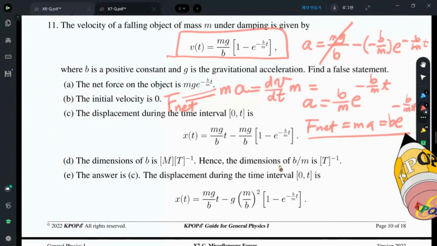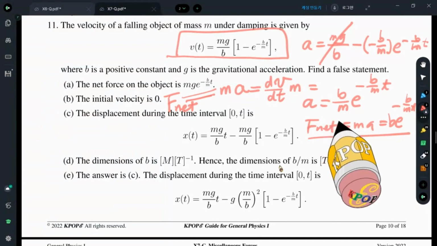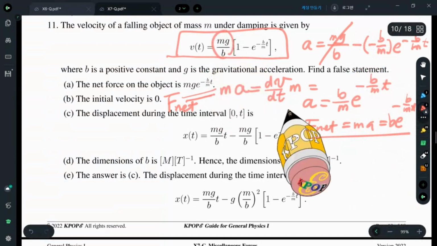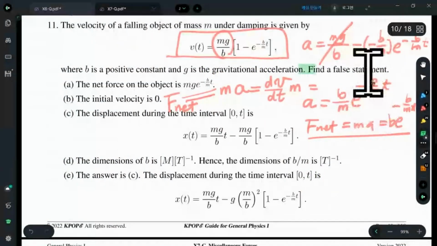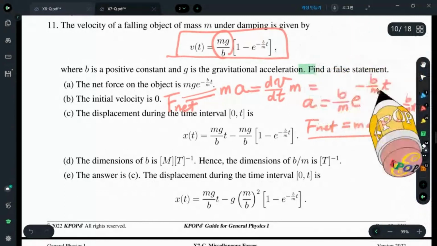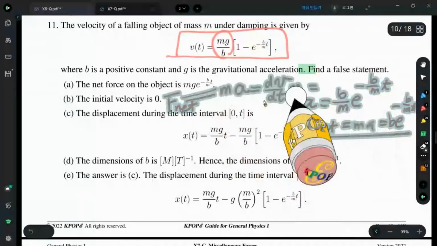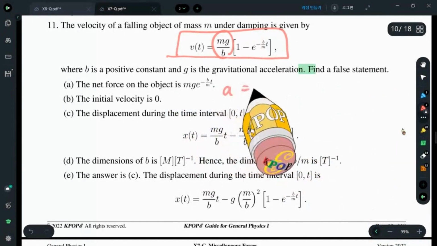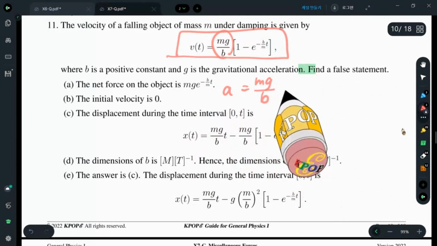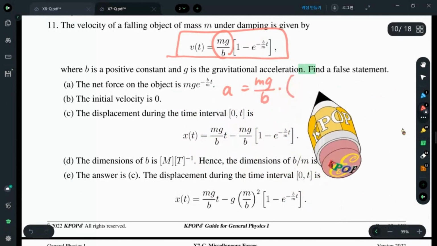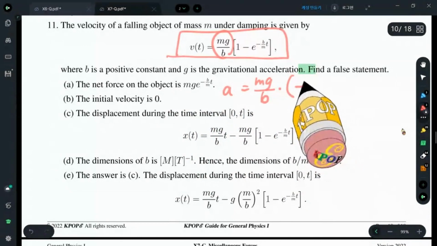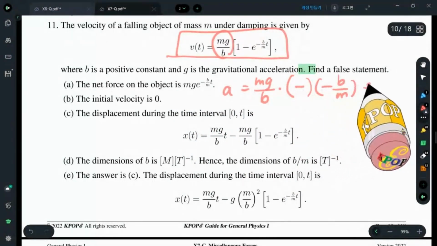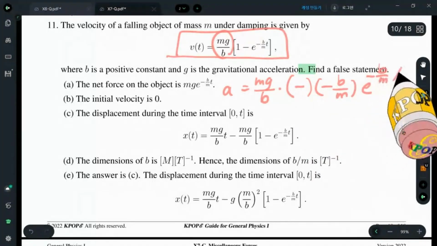Oh, wait a second. This one is missing. Let's do it again. a equals mg over b multiplied by minus b over m e to the minus b over m t.